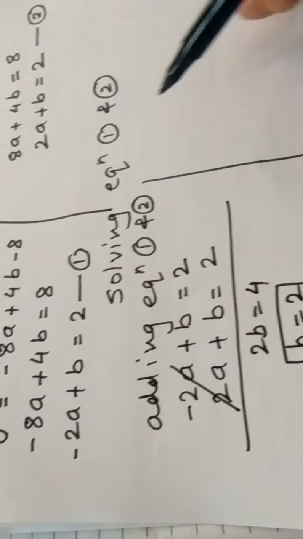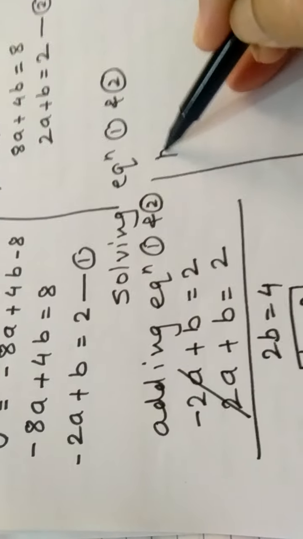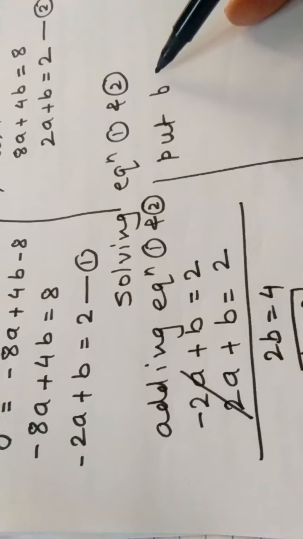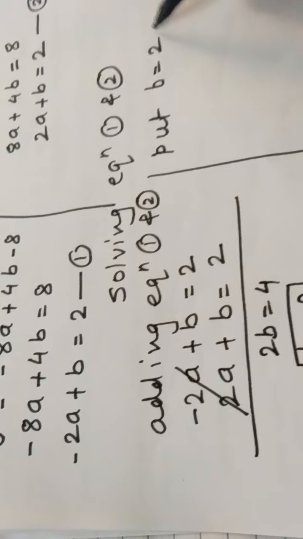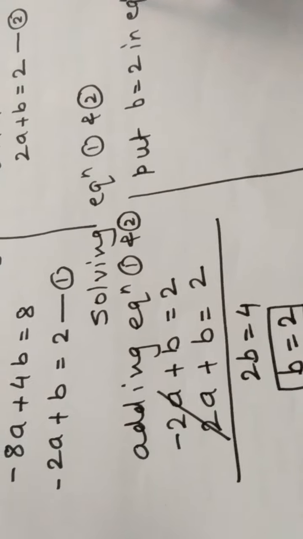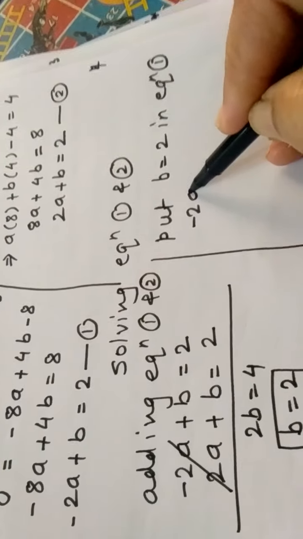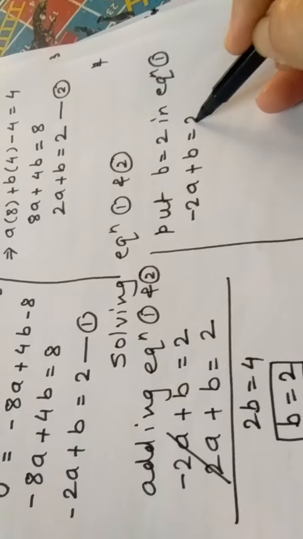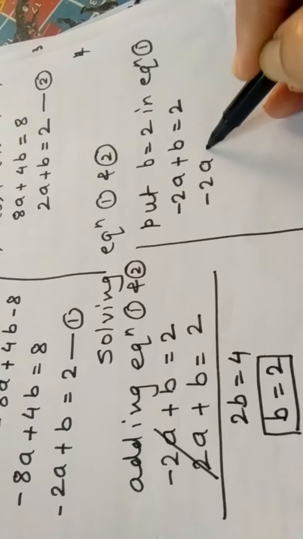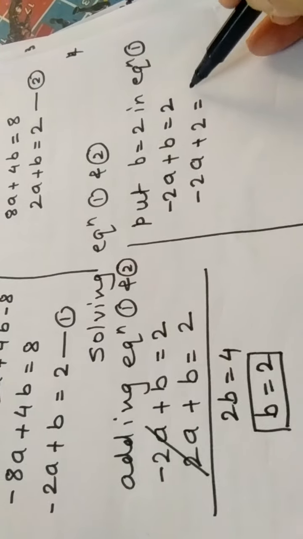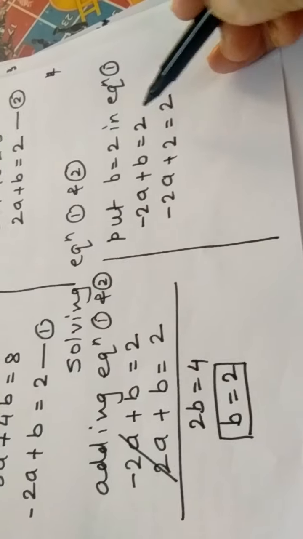Put the value of b in any one equation. Put b is equal to 2 in equation 1. In whichever equation we put it, we get the answer. Minus 2a plus b is equal to 2, that is minus 2a plus 2 is equal to 2.